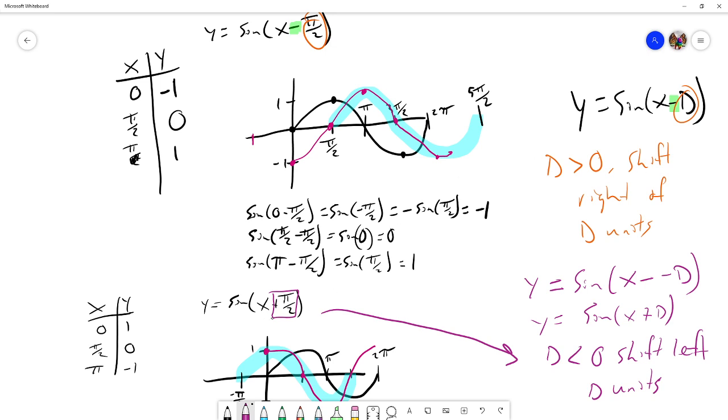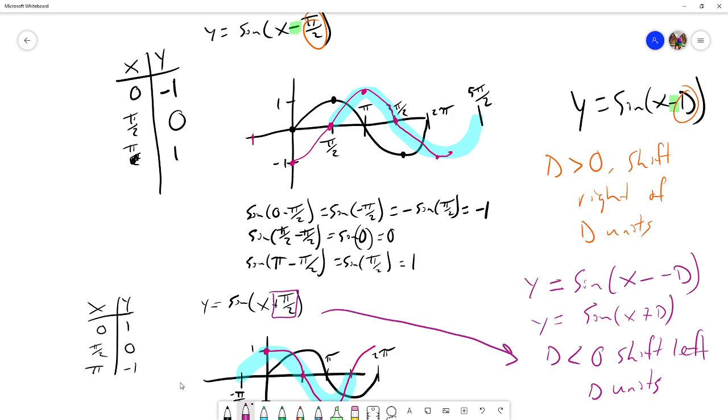And when you see the plus sign, you have to remember, well, it's actually going to have a negative d value, so you shift left. The key is remembering that, as I highlighted here in green, we've already taken into account one of the negative signs. So here that plus sign is actually a double negative.